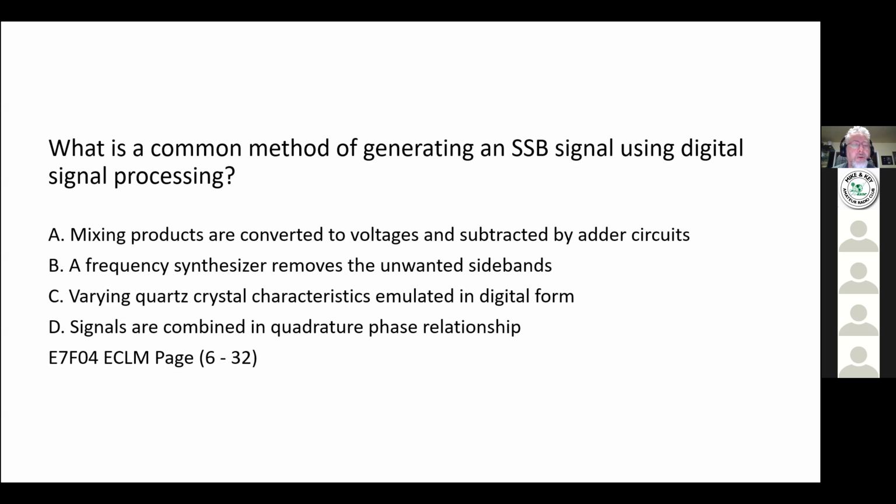C, varying quartz crystal characteristics emulated in digital form. Or D, signals are combined in quadrature phase relationship. Delta. The correct answer is delta. Signals are combined in quadrature phase relationships.